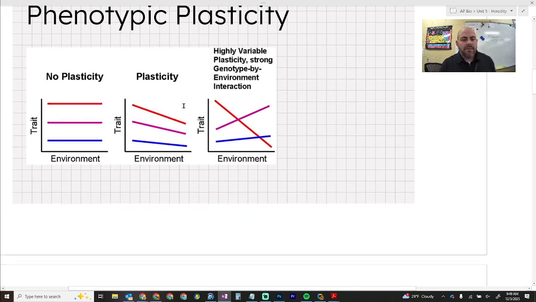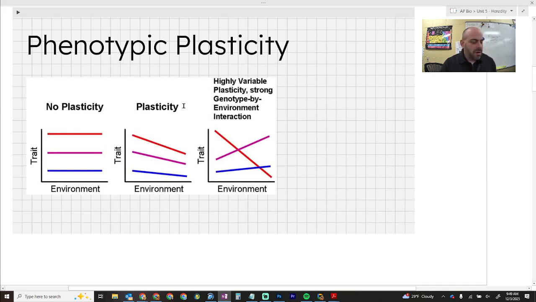Let's look at 5.5, starting with this concept of phenotypic plasticity. Phenotypic plasticity, think of the word phenotype, right? It's just physical characteristic. Plasticity has to do with sort of like moldability, if you want to think about it that way.